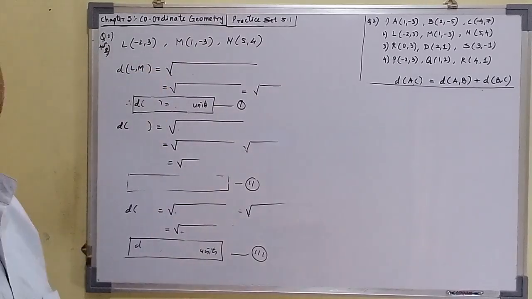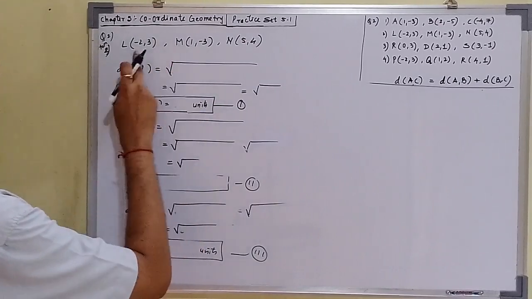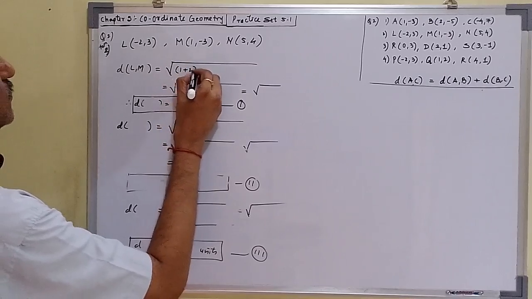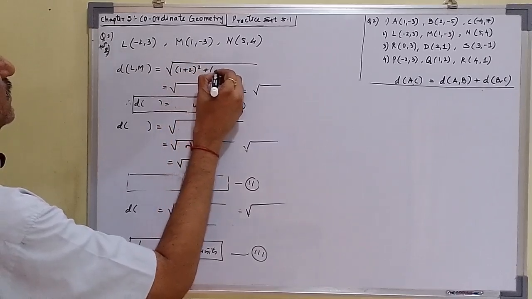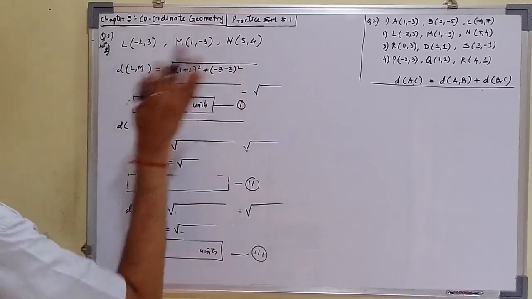We take first LM. x2 minus x1. So (1 plus 2) squared plus (-3 minus 3) squared. This is minus 3 and this is minus 3.